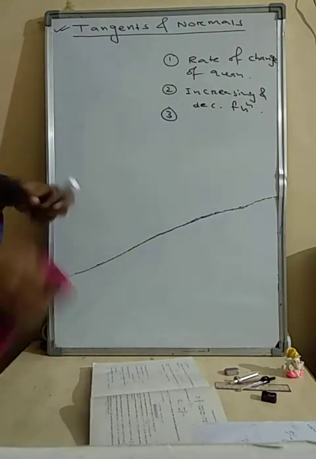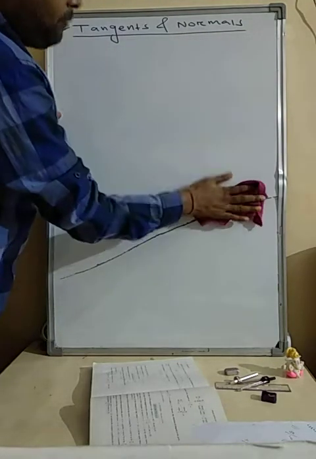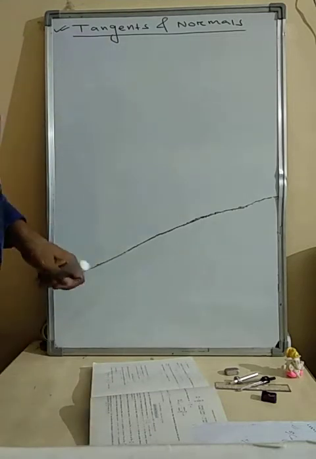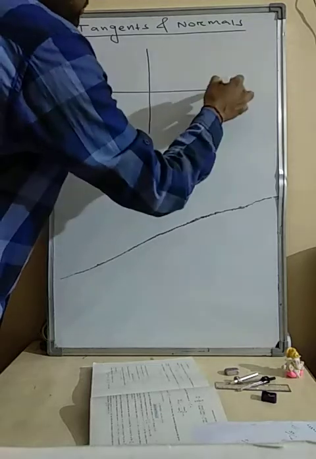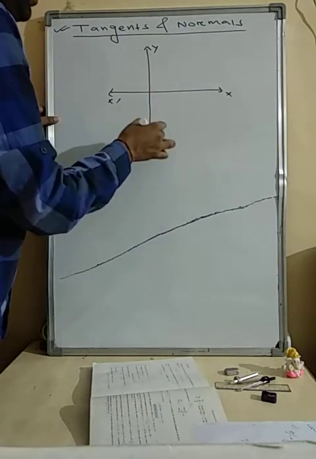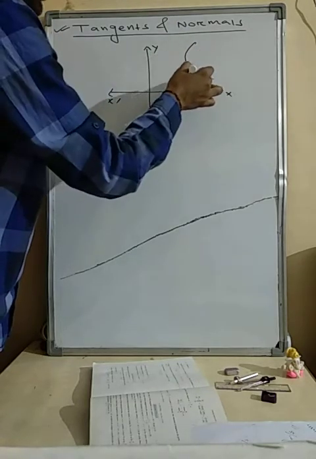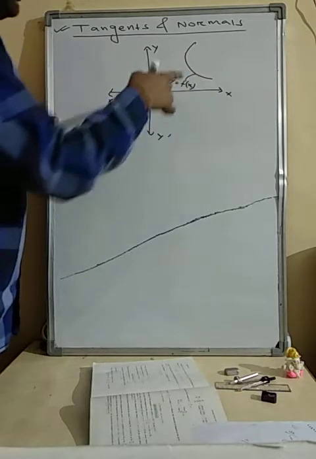Before starting tangents and normals, first of all you have to know graphically the meaning of tangent and the meaning of normal. Suppose this is my Cartesian plane, x, y, x dash, y dash. Suppose a curve is given, the function y equal to f(x).